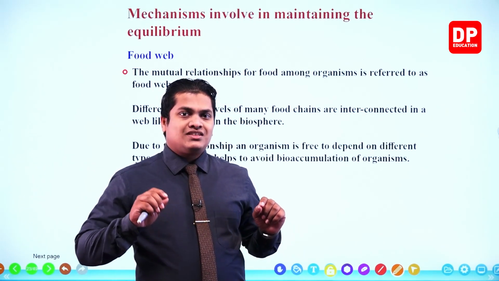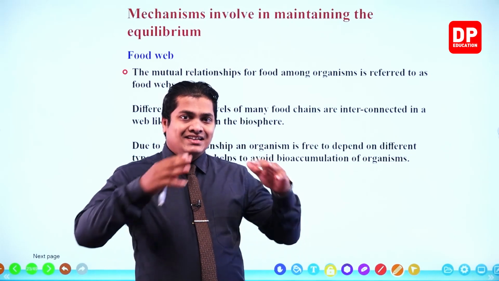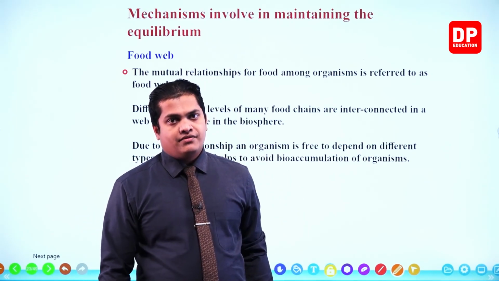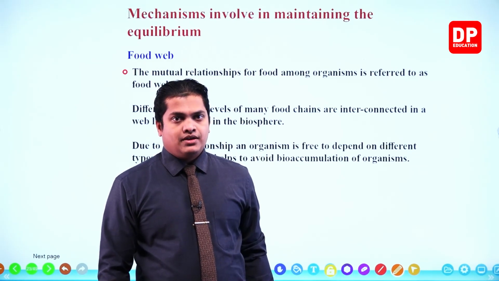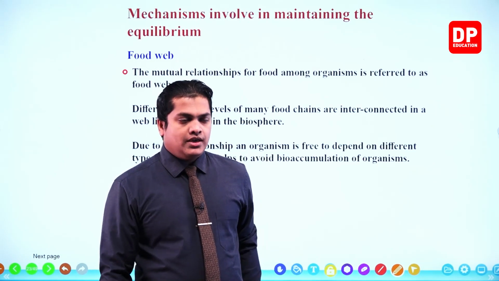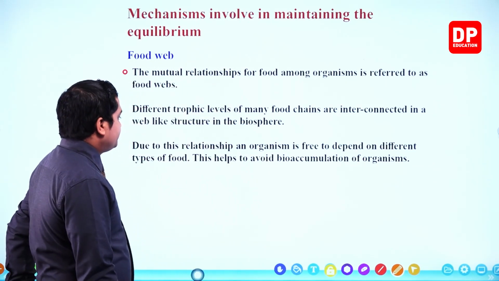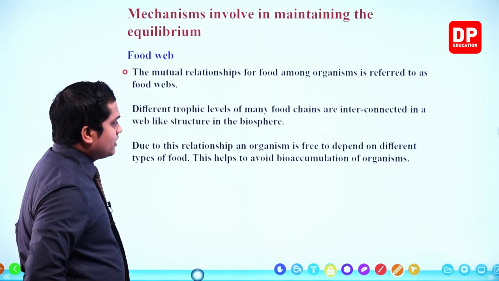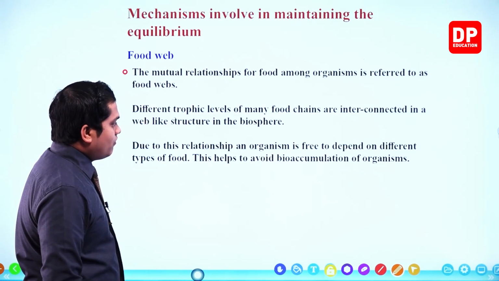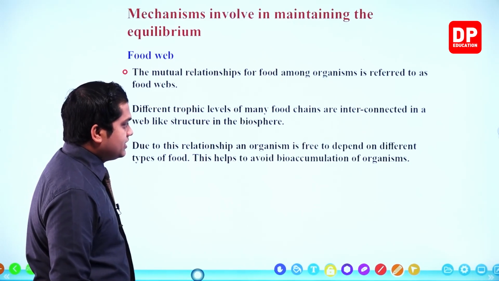When several flows are interconnected with each other, in that case, my dear children, we can observe a food web. It is a web-like structure, not a linear path. Here it is given, due to this relationship, an organism is free to depend on different types of food. This helps to avoid the bioaccumulation of organisms.